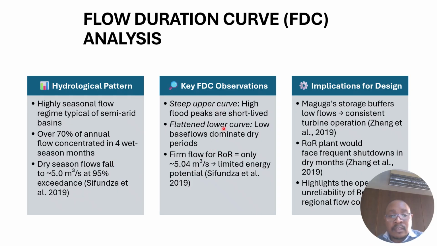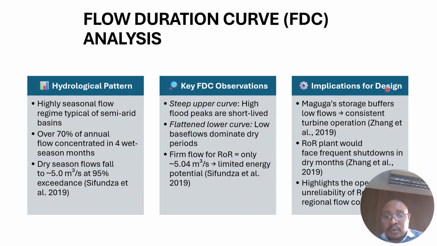And then the key FDC observation is the steep upper curve, which has a high flood peak. Peaks are short-lived, and then on the flattened lower curve, low base flow dominates the dry season, and the firm flow of the ROR is equal to only 5.04 cubic meters per second.